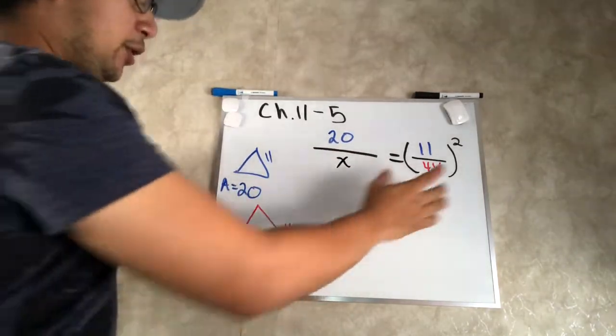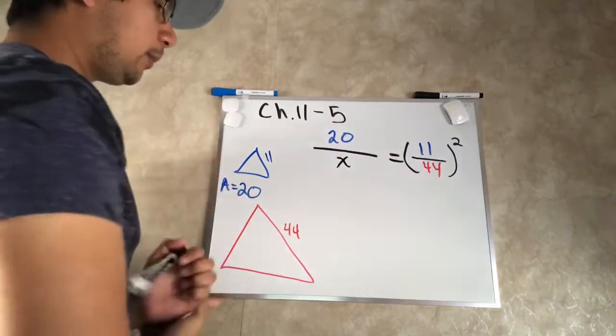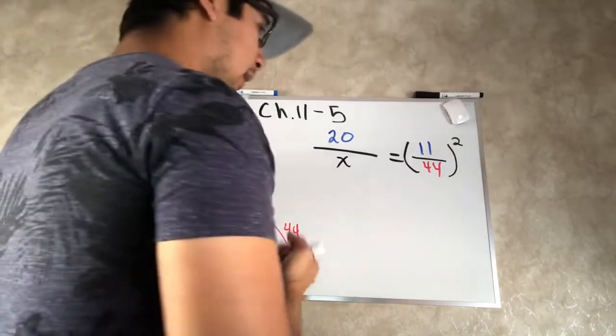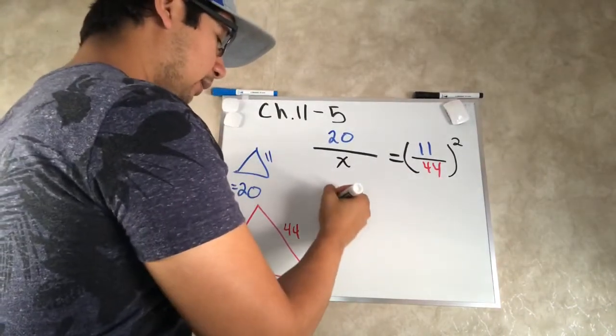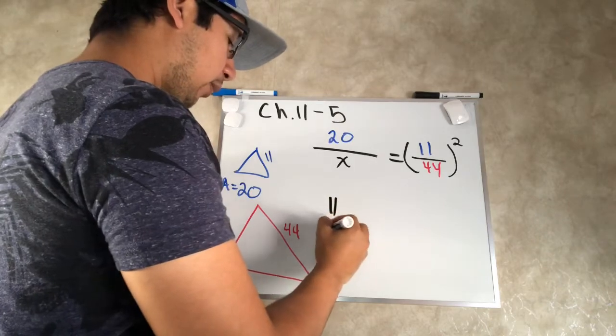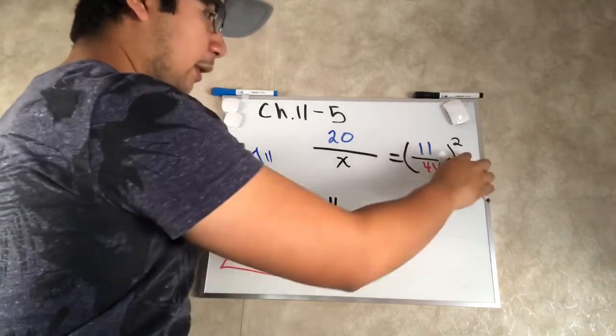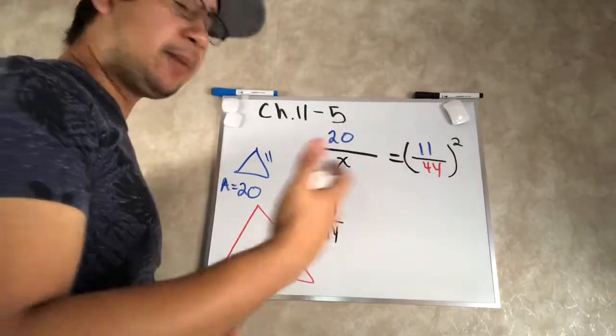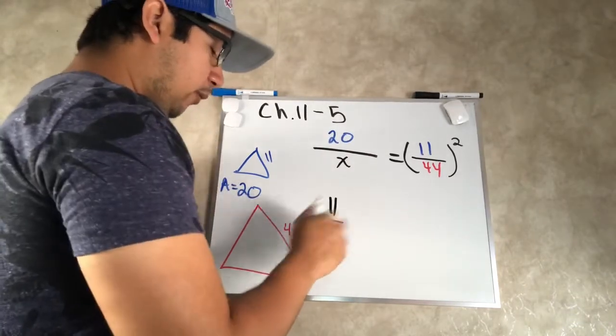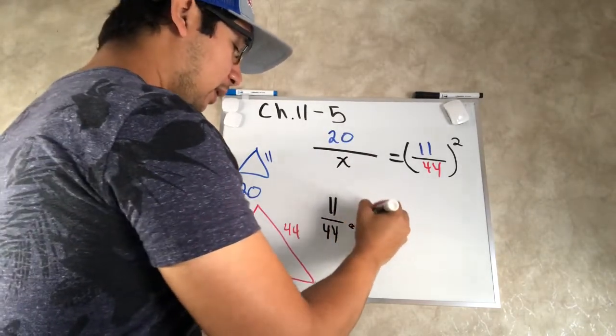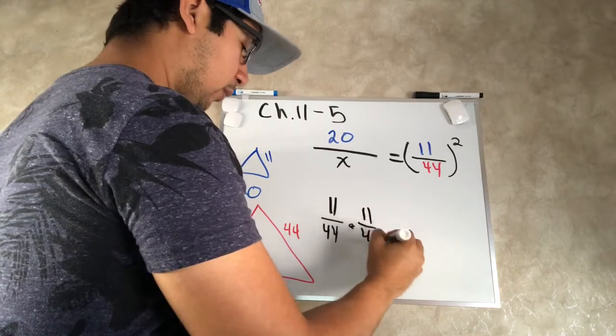The first thing we're going to do is solve this part here and simplify it. So we have 11 over 44 squared. Squared just means that it's being multiplied by itself, so 11 over 44 times 11 over 44.